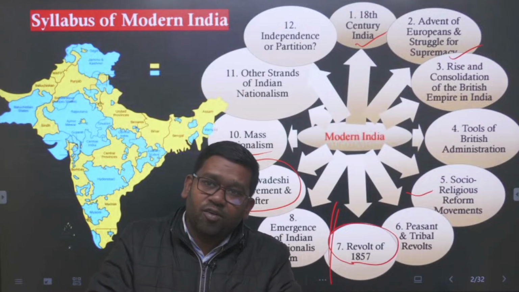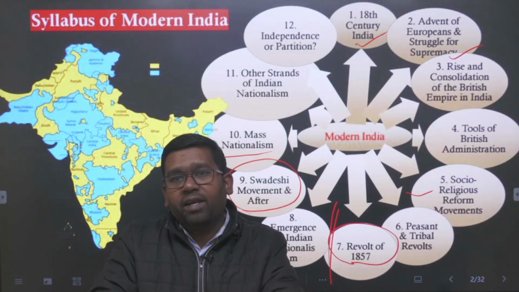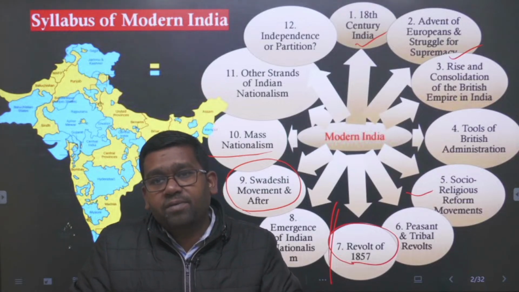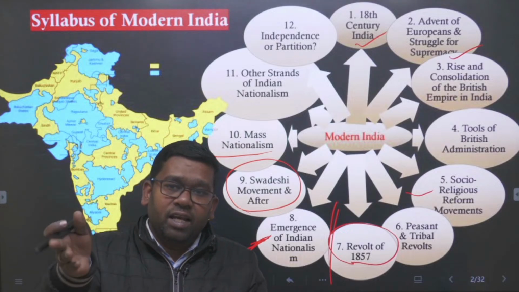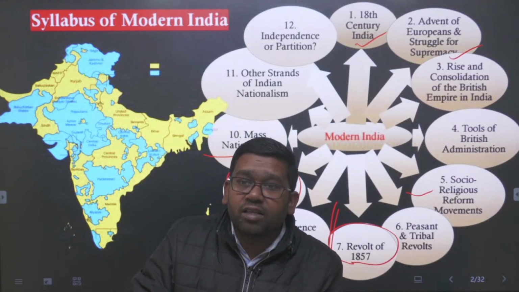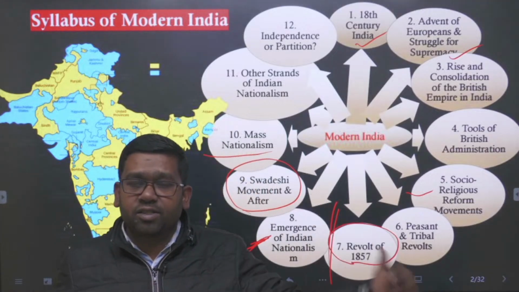Then we have Lord Linlithgow's August Offer, then the 1942 Cripps Mission, then the Simla Conference, the Cabinet Mission plan, and finally elections were held again in 1946. These are the major events that led to the partition of India, discussed in this topic.